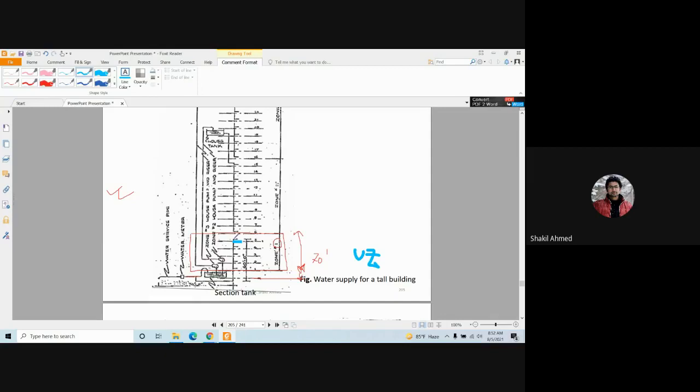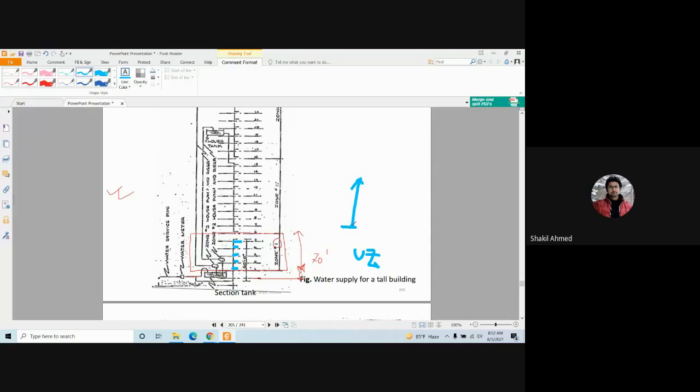Now, if the minimum fixture pressure is satisfied here, then all other floors will be satisfied with the minimum fixture pressure. Why? Because as you know, for upfeed zone, the pressure decreases as we go upward.